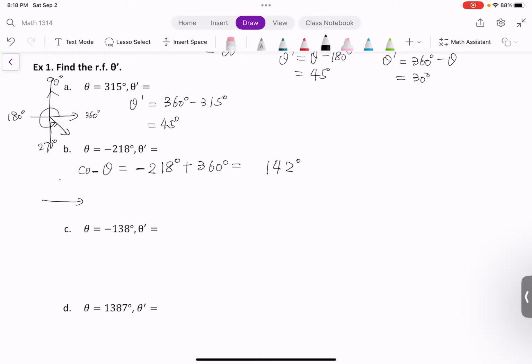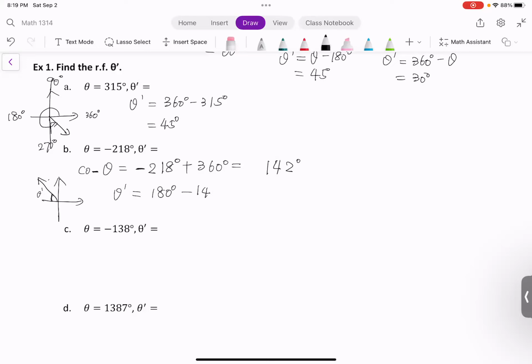Let's find 142 on the XY plane. So here in the second quadrant. And how about its reference angle, theta prime? I can use 180 minus 142 because it's in the second quadrant.